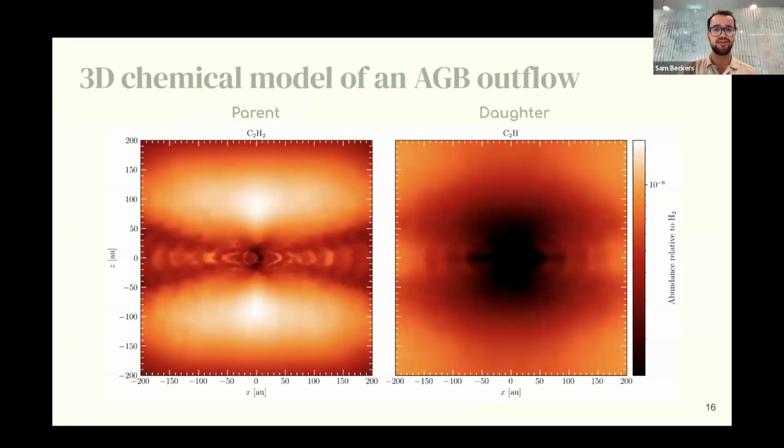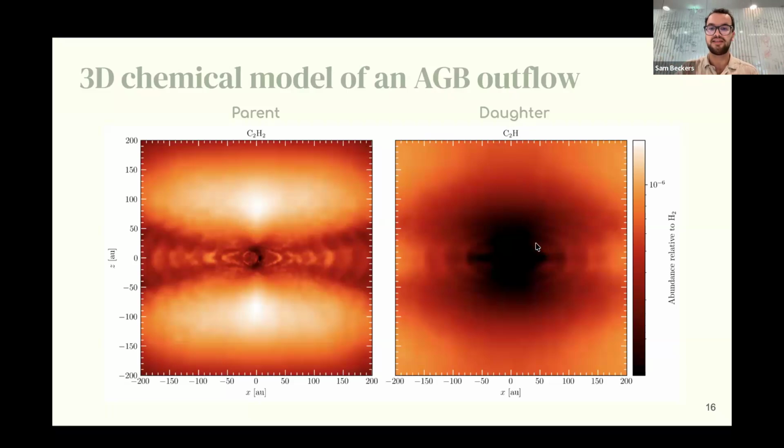And what we can also, a nice showcase is that, for example, this parent, you see that it forms in these spirals, but also inside the outflow. And we know with a parent that it has an initial abundance, so it's going to be there, and it eventually photodissociates into these daughters. So that's a C2H in this case.